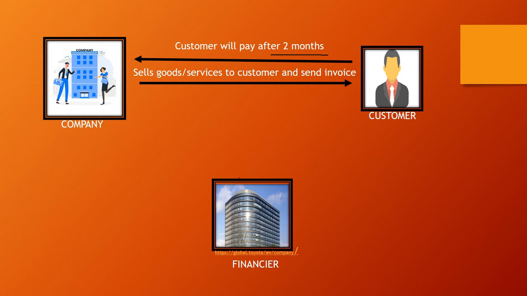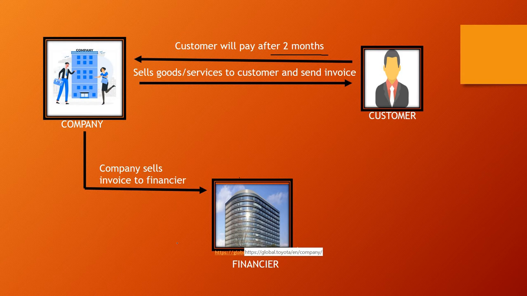So the chocolate manufacturing company tells the complete situation to this financial company: that it has sold the goods to this customer, the customer has asked for credit, and the company has given a credit of 2 months, and the customer will pay the amount after 2 months. So the company sells its invoice to this financial company. That means the company sells the invoice for this customer to the financial company, and the financial company agrees to pay the money to the chocolate manufacturing company so that the company can purchase the raw material.